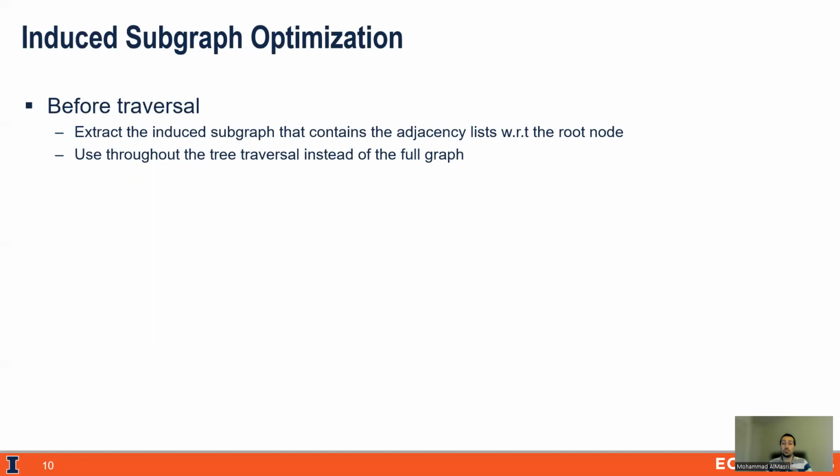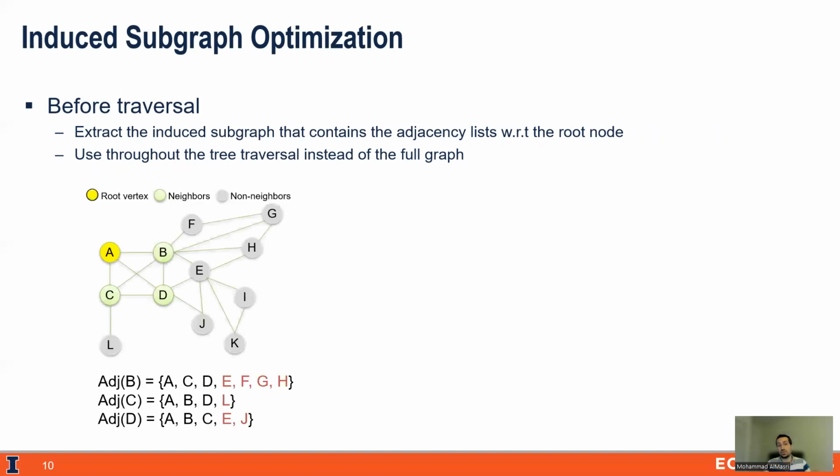A common optimization in the CPU world for the intersection operation is to shrink the size of the adjacency lists further by removing from the graph, for each root node in the search tree, the vertices that will never be reached by that tree. This is where we create the induced subgraph, and we use it during traversal instead of the original graph.